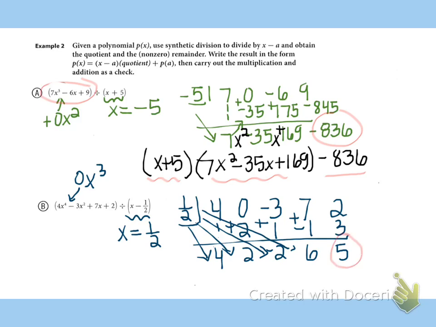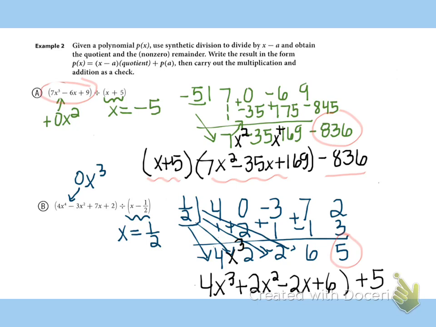So my polynomial is going to consist of powers starting at 1 degree lower than the original dividend, which was x to the fourth, and that means my highest power is going to be x to the third, so this would be 4x to the third. Then that's a positive 2, so that's plus 2x squared, and that's a minus 2, so minus 2x, plus 6, and then of course that 5 is the remainder.